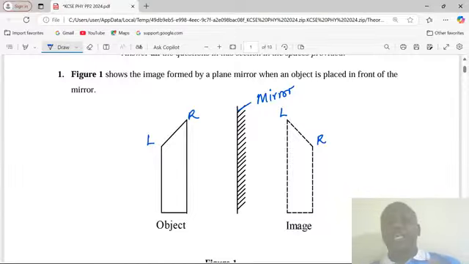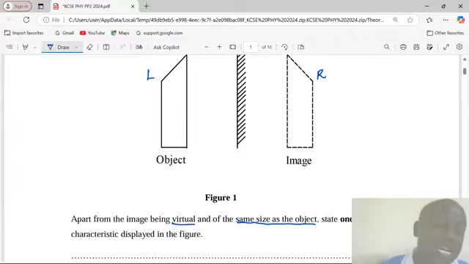Actually, even yourself, when you stand in front of a plane mirror, you discover that if you raise your right hand, the image in the mirror is going to raise the left hand. If you raise the left, it raises the right, meaning that there is lateral inversion. Therefore, the image is laterally inverted.